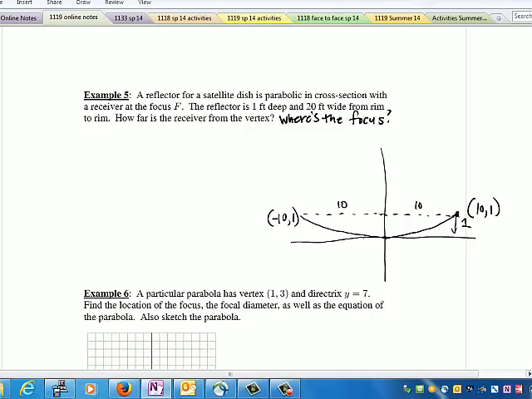Okay, so what we can see is that we're looking at an equation of the form y equals some constant times x squared. And we know that 10, 1 and negative 10, 1 satisfy this equation. So I could put 1 in for my y and 10 or negative 10 in for the x. Either way, when I square it, I'm going to have 100.